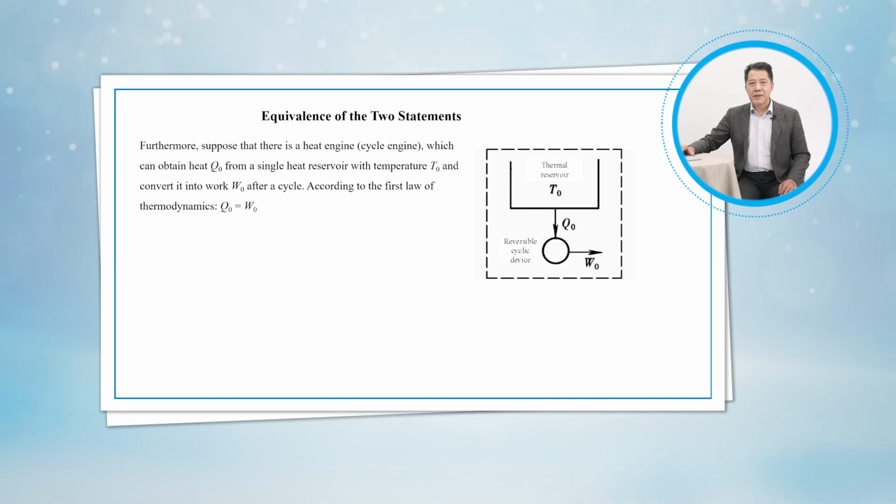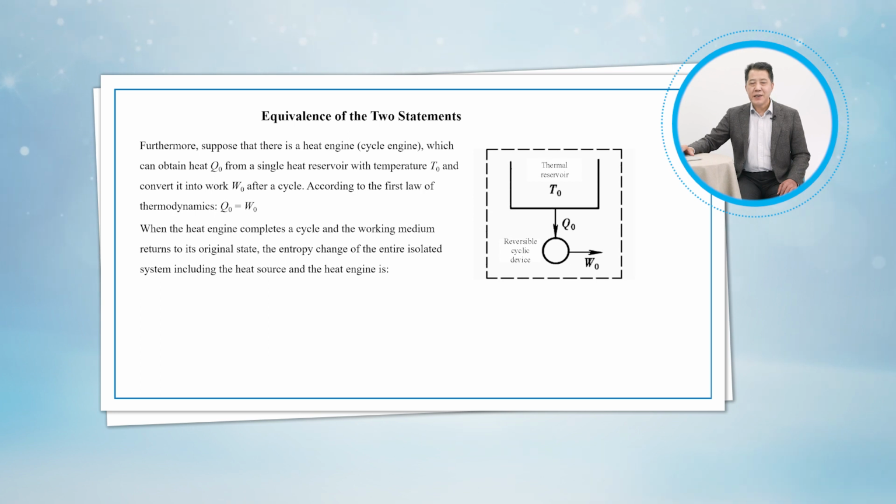Furthermore, suppose that there is a heat engine which can obtain heat from a single heat reservoir and convert it into work after a cycle. According to the first law of thermodynamics, the amount of work equals that of the heat.